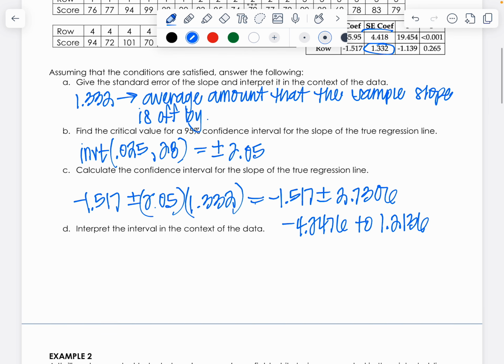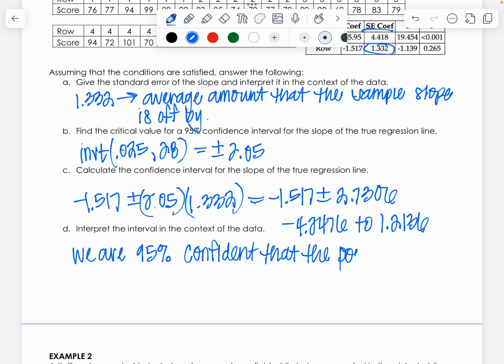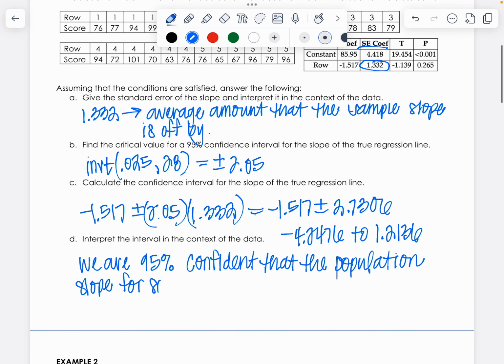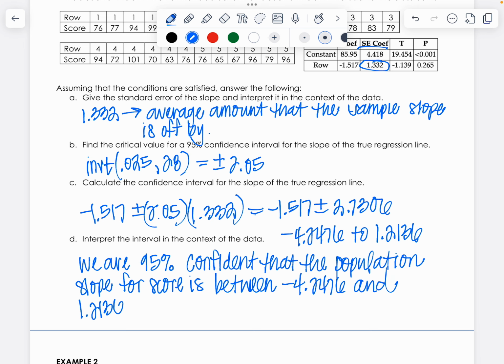Okay, and so to interpret this, we would say we are 95% confident that the population slope for score is between negative 4.2476 and positive 1.2136.